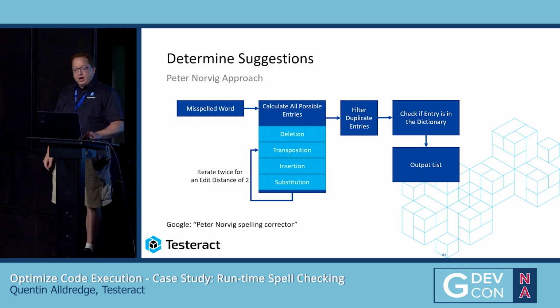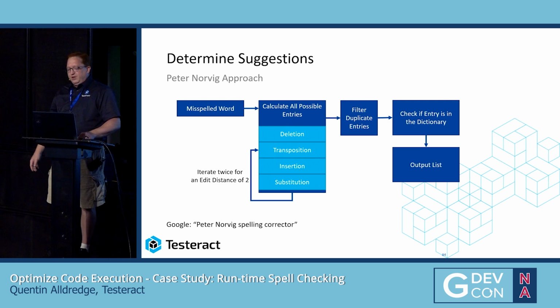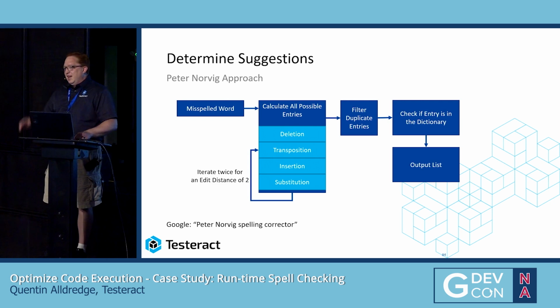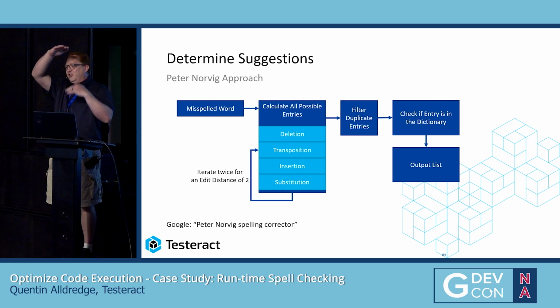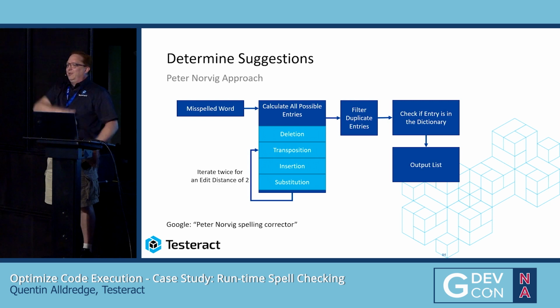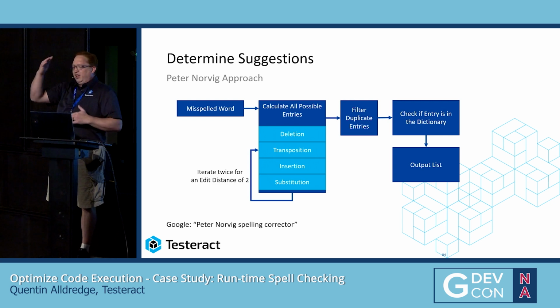Another suggestion came from a Google data scientist named Peter Norvig. I guess I'm saying that right. He pre-processed all the dictionary items through a distance of 2. Basically he calculated all of the different deletions, transpositions, insertions, and substitutions for one set, then took that bigger set and ran it through the algorithm again, as a pre-calculation step, essentially.